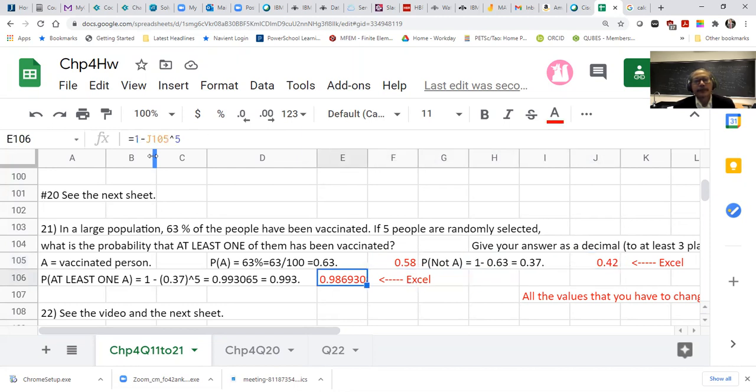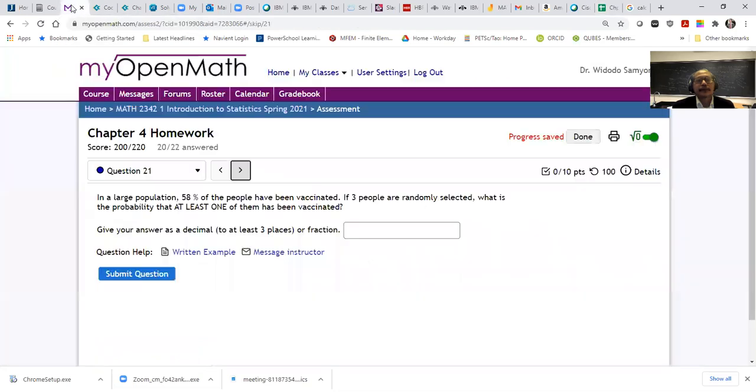So to find the probability of at least one that's been vaccinated, the answer is 1 minus the one that is not, to the power of 5. So in this case, how many people here? 3.